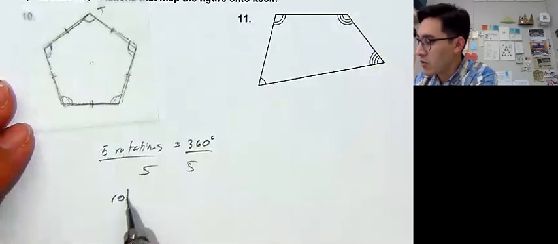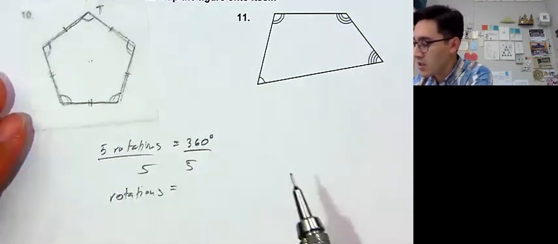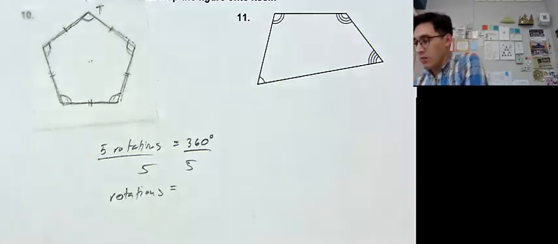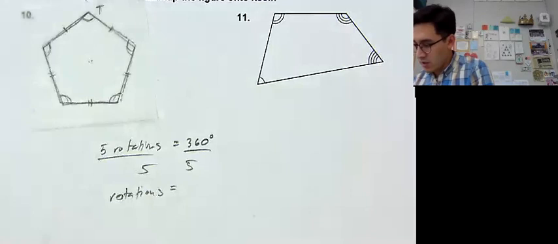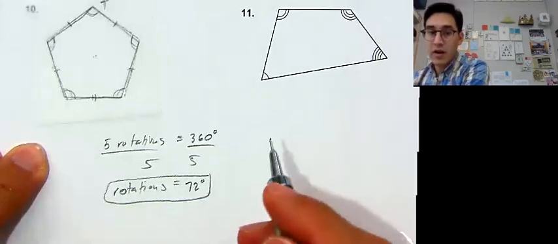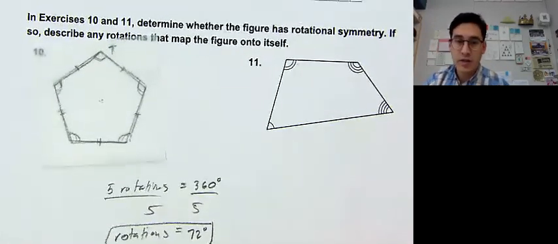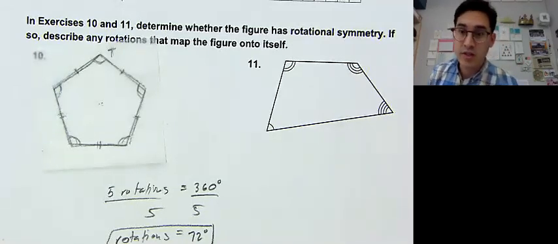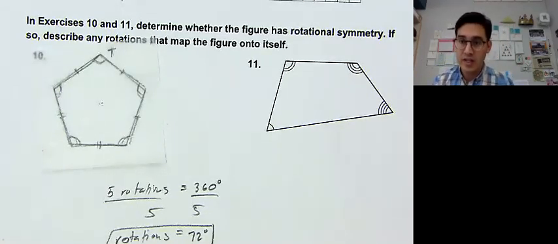So each one of those rotations is equal to, what's it going to be? 360 divided by 5, which is 72 degrees. All right, so this pentagon has rotational symmetry. Every time you rotate 72 degrees, the pentagon lines up with itself again.